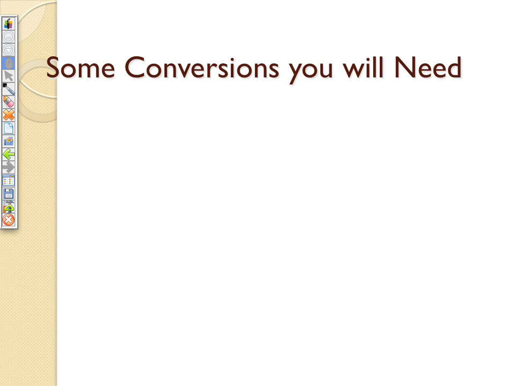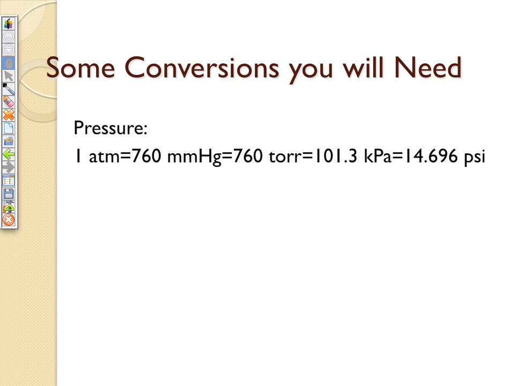Some conversions are going to be really handy to know. First of all, pressure. All of these are equivalences, so I can take any one of these and use the ratio to find a conversion for any one that I want it to be in. So let's go down the line. 1 atmosphere, that's what ATM stands for, is equivalent to 760 millimeters of mercury. mmHg is millimeters of mercury, which is equal to 760 torr.